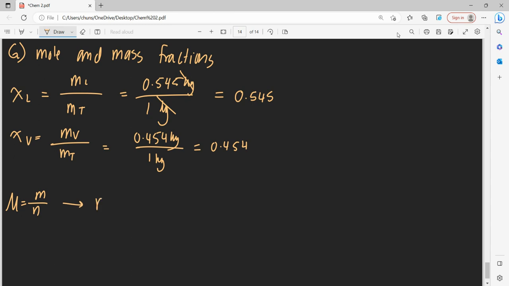So n equals mass over molar mass, and we can do this for each phase. Molar mass is the same for both. CO2 is 12 plus 16 plus 16, 44.01.